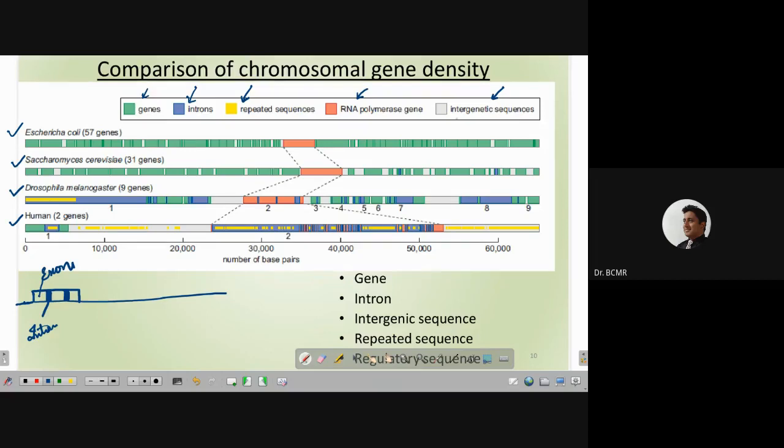And then I want you to understand what intergenic sequences are. Say, for example, this is gene 1, and there is another gene here, which may have its own introns. The space between them is called intergenic sequences. Inter means between two genes. That is intergenic sequences.